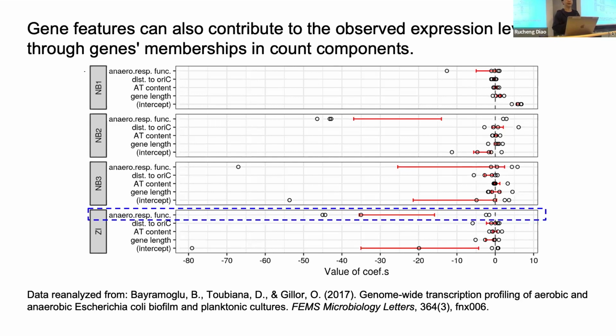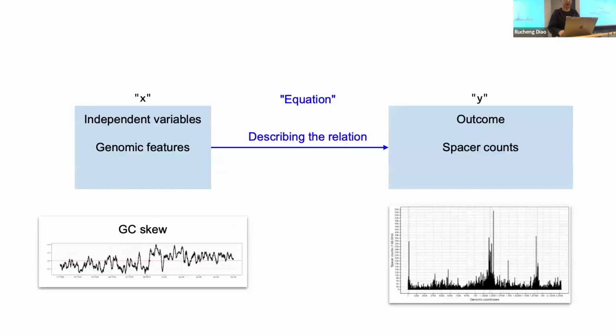Thanks. Yeah, nice. All right, so that is basically how a gene feature can contribute to the observed expression levels, either through the means as we covered previously or through the component probability here. And what we have landed on at this point is a model that can connect our independent variables with the outcome.